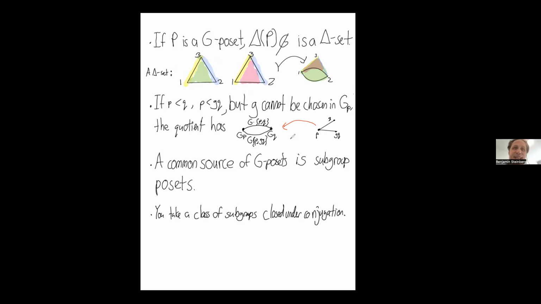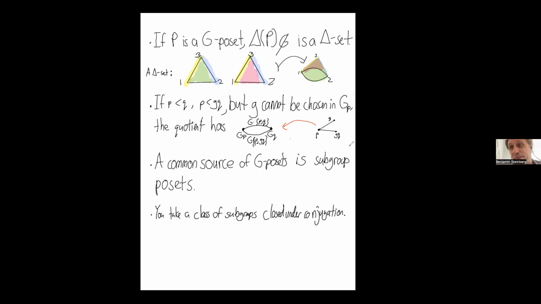In a simplicial complex, the triangle is determined by its vertices. But here I have two triangles with the exact same vertices. And the reason you get this when you factor out a simplicial complex coming from a poset by the G action is basically this.